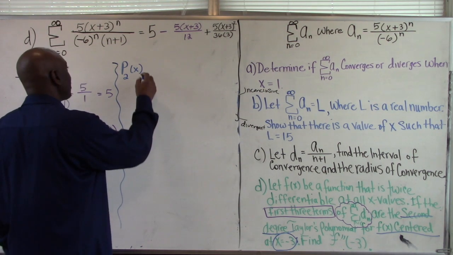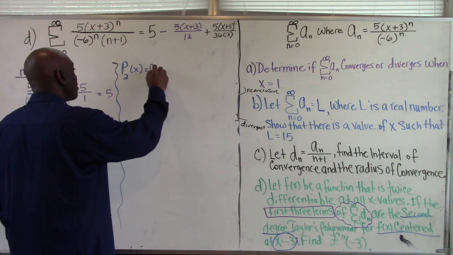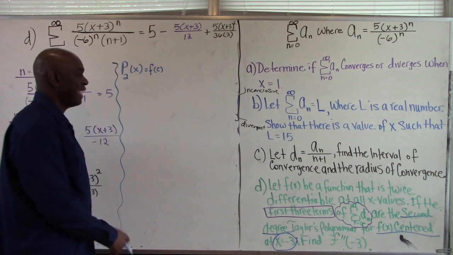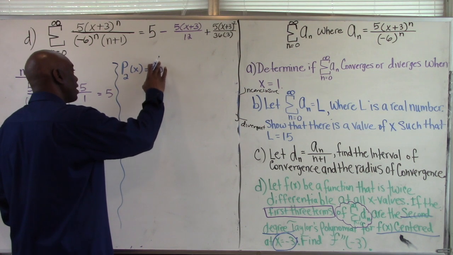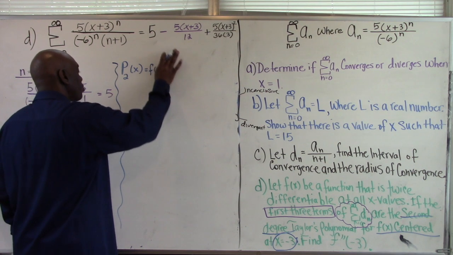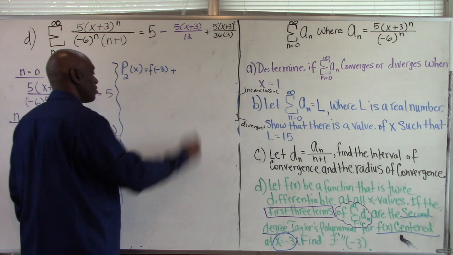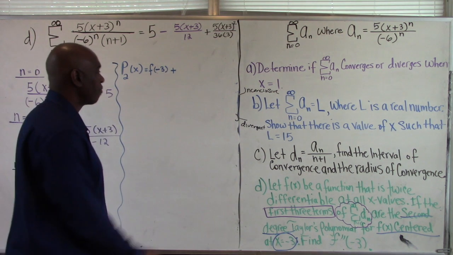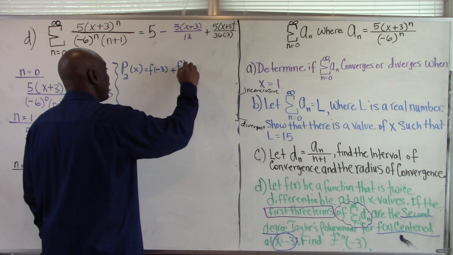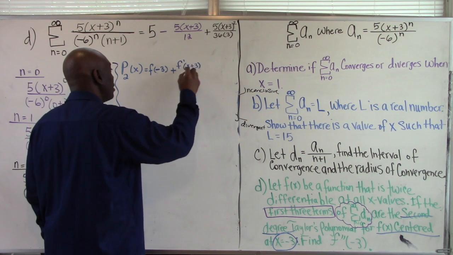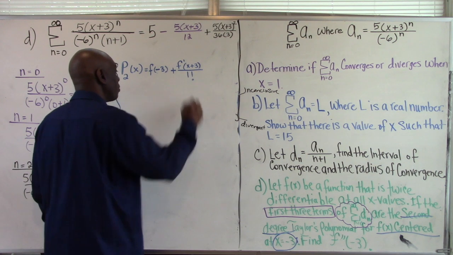So first, without a doubt, this is going to equal first f of c. Okay? And c is the center, and the center is negative 3. So I'm going to just go ahead and put negative 3 in here. So first we have f of negative 3 plus. Now we take our first derivative. F prime of x plus 3 all over 1 factorial.